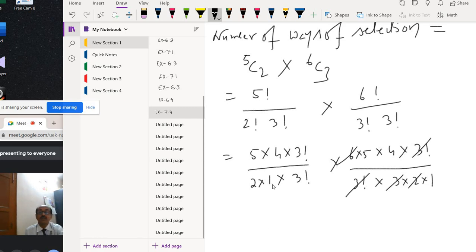So 5 4s are 20, 3 3 cancel, 2 2s are 4, 5 2s are 10. So 10 into 20, that is 200 ways.